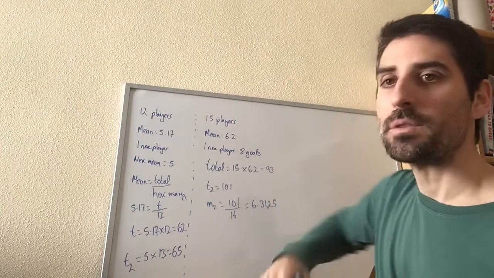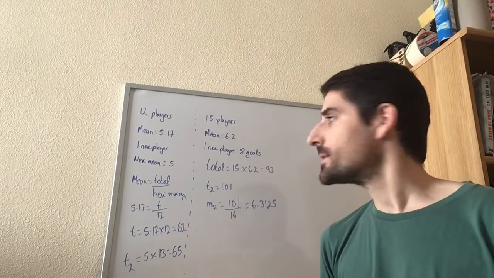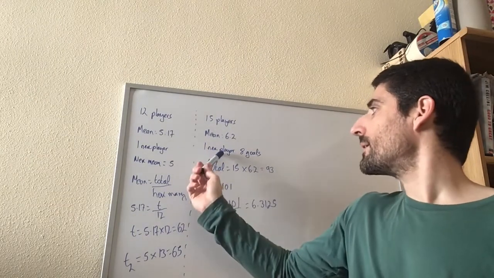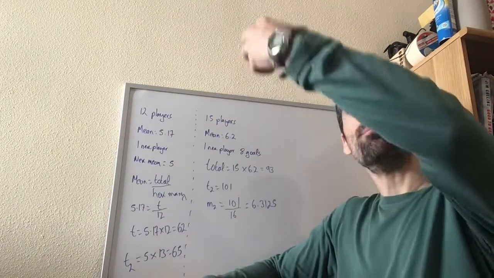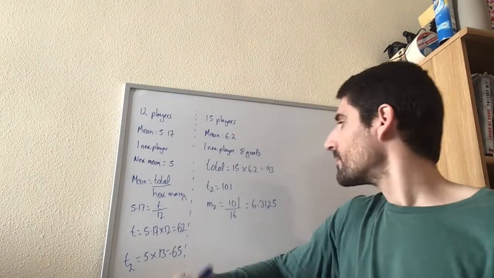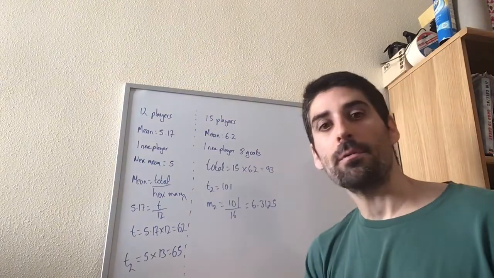You do not round that number, you leave it with all the decimals. And that makes sense, because the new player scored a higher number of goals than the average, so he should pull the average up, which he did. The new average is higher than the previous average.